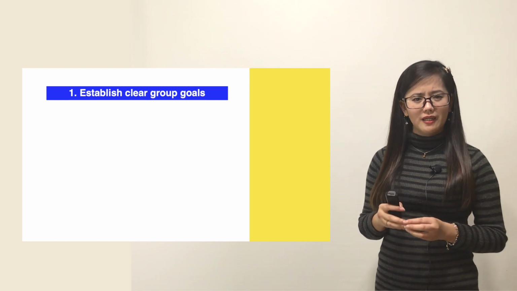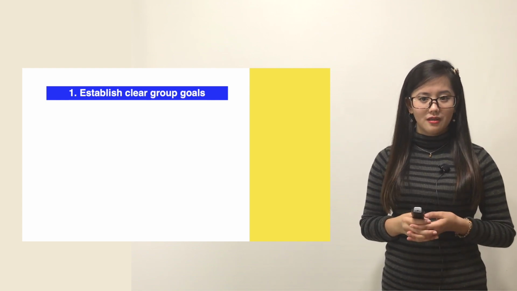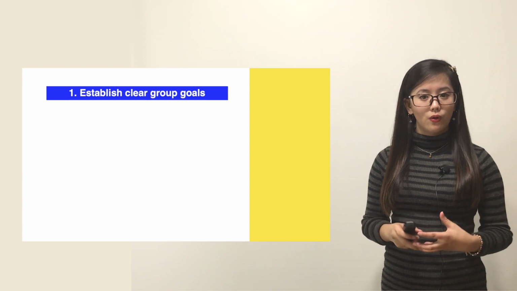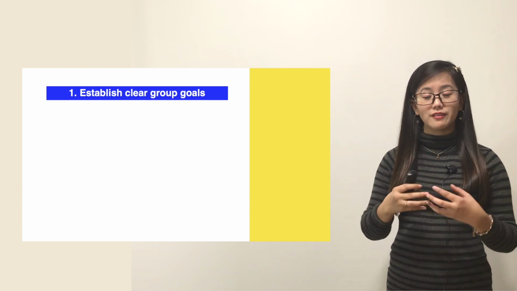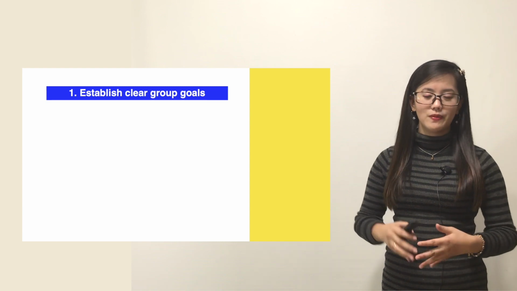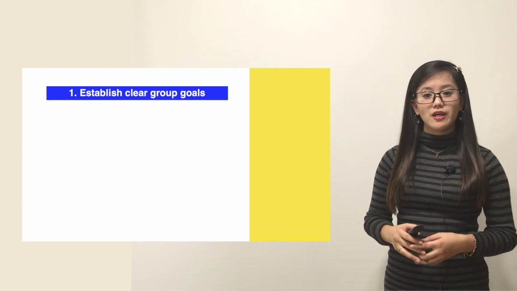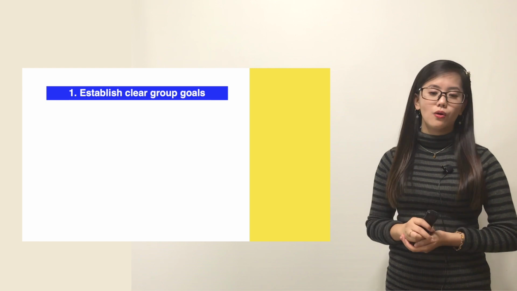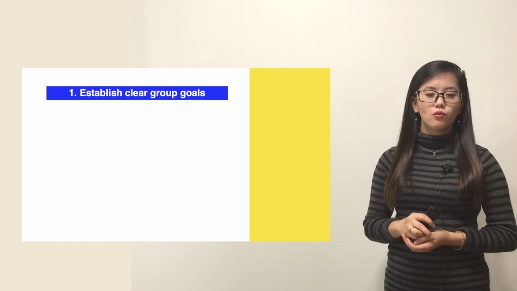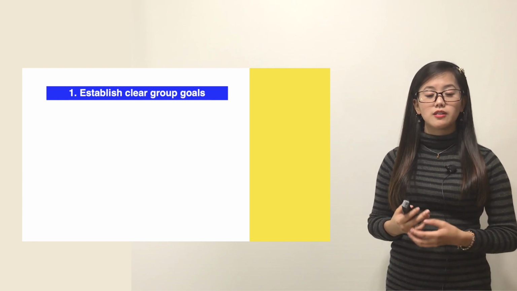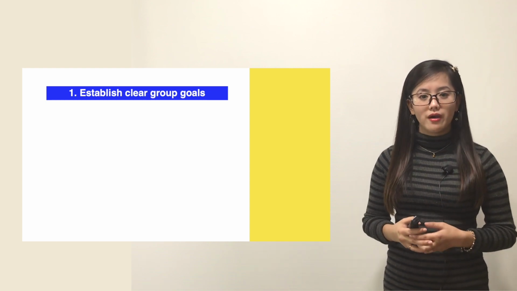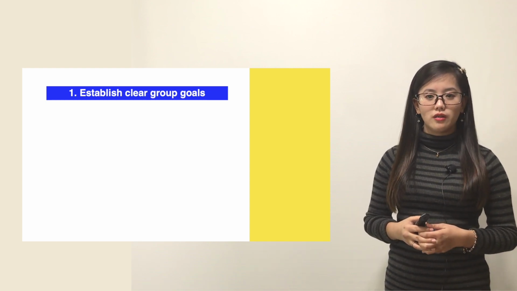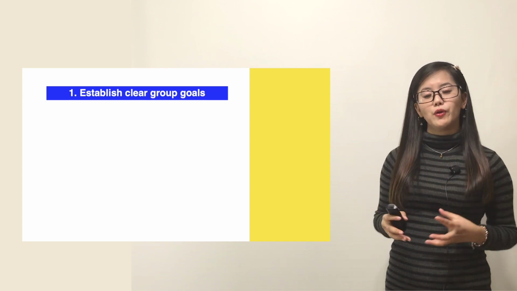So before beginning an assignment, it is best to define goals and objectives to save time. Sometimes if we do not have a clear goal, we just waste our time or we do different kinds of tasks. So it is better if we could have a clear group goal.